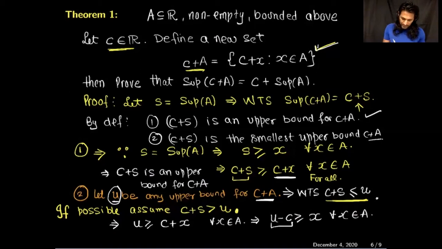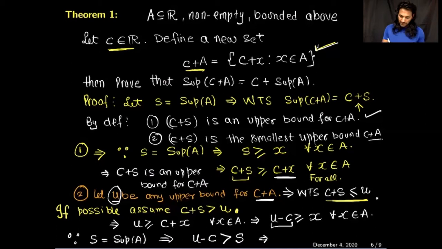And we also know that S is the least upper bound, the sup of A. So this is a given. Since S is the least upper bound, this upper bound U minus C must be greater than or equal to S. It cannot be less than S, because S is the smallest upper bound and this is just an upper bound.